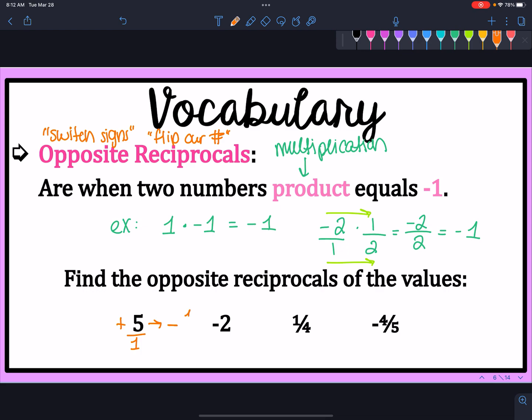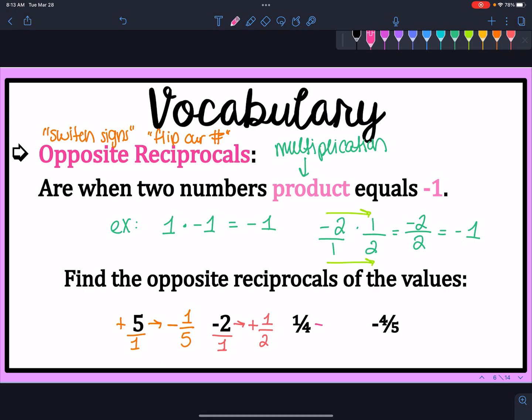The opposite of that is 1/5. That is your opposite reciprocal of +5. Now, if I were to do -2, I'm going to look at a positive number. And again, this is -2/1. So when I flip it, I get 1/2.